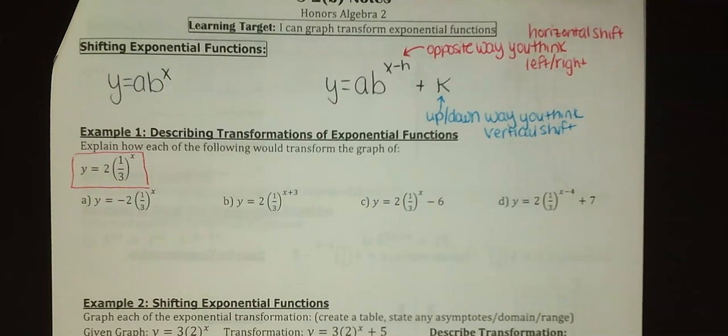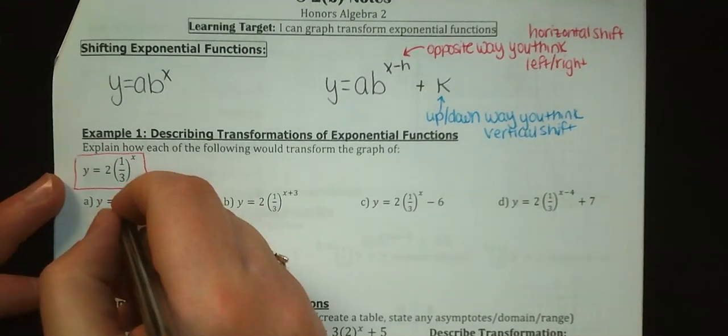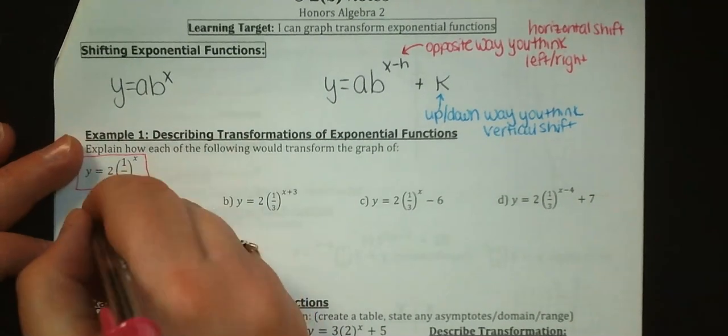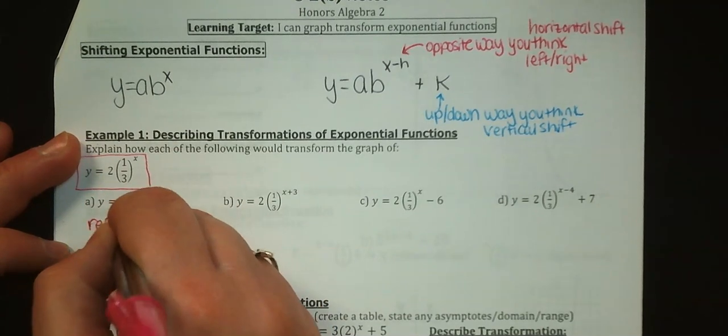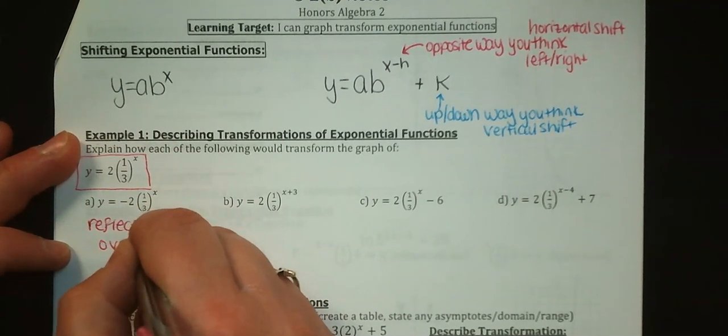So there's my original equation, 2 times 1/3 to the x. If I change this and write y equals negative 2 times 1/3 to the x, how would that manipulate that first graph? Anytime you start out with a negative, that's called a reflection over the x-axis.